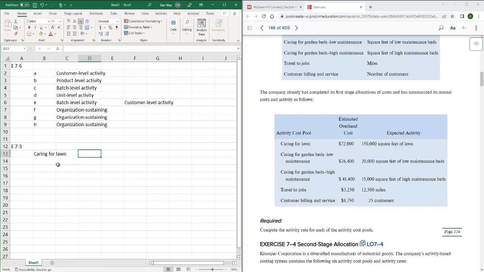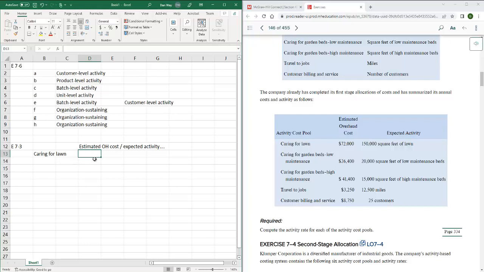And by that, I really mean it's still an estimated overhead cost divided by some estimated or expected activity level to come up with that activity rate. Similar to the way our predetermined overhead rates in those systems were just total estimated overhead divided by total estimated activity or allocation base. Right? So fundamentally kind of the same idea here.